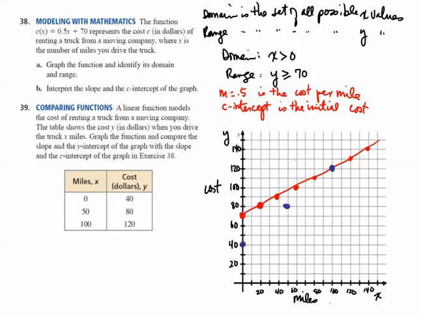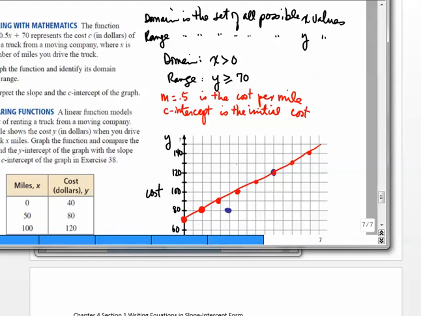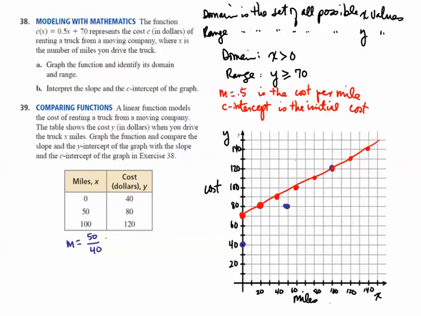So if you look at this, you can see that this slope, or this line, is: y goes up, or the cost goes up $40 when the miles go up 50. And so we have a slope here of 40 over 50, which is 4 over 5, or which is 0.8.